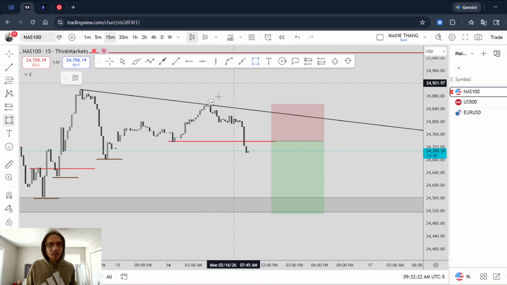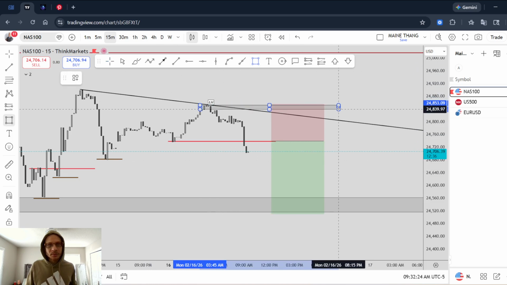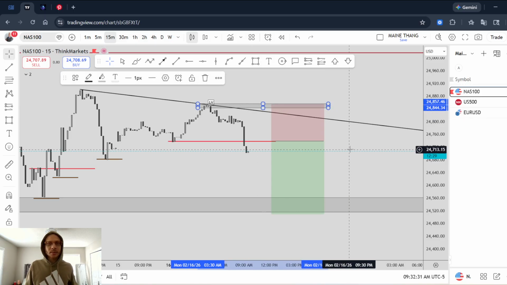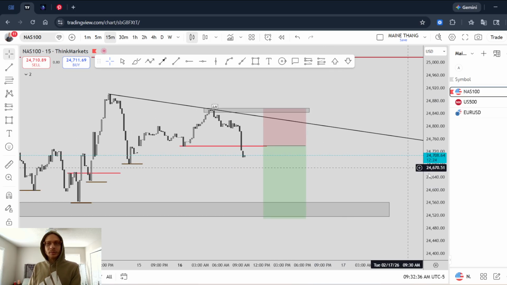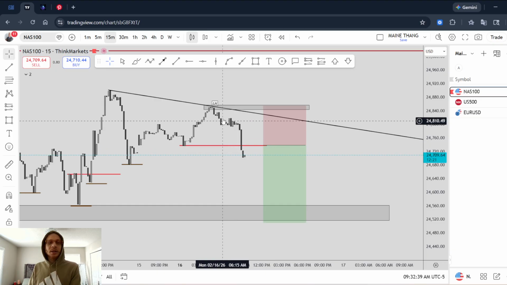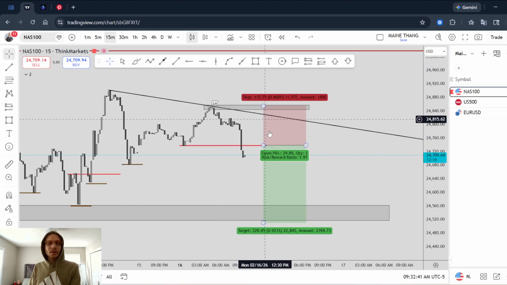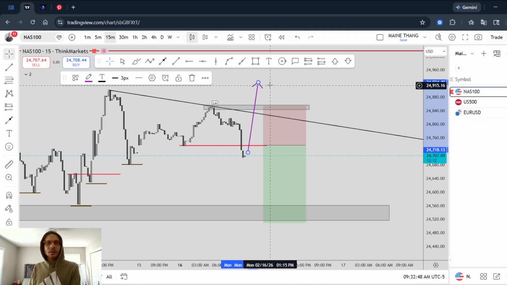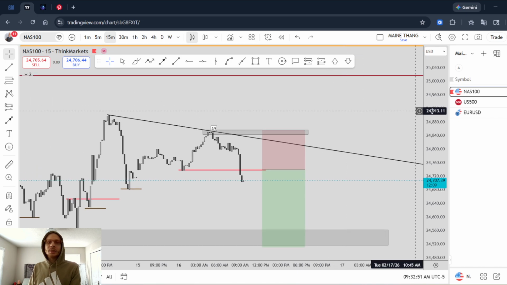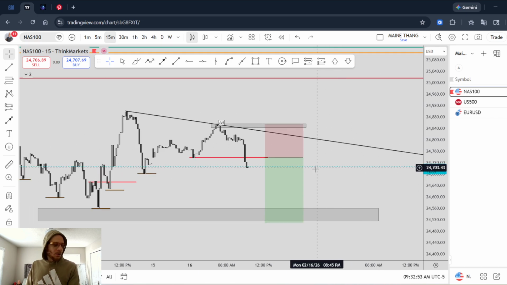And so we don't want to see this get broken. That's why we have our stop there, because price should not actually, it could come all the way up to there and still come down, but we don't want to see anything go way beyond it, because then we know price is not doing what we want it to do, so we do not enter.